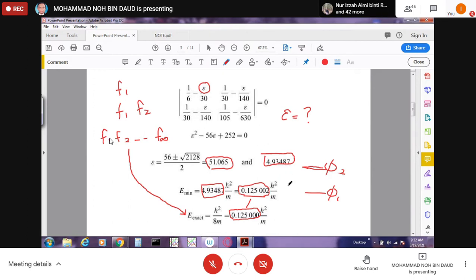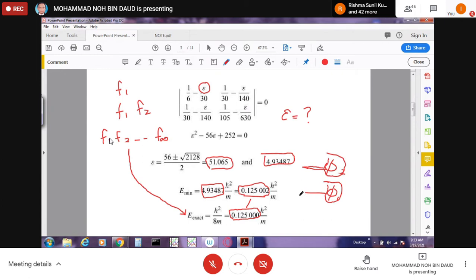Beside the energy, we can also determine other properties of this state through these wave functions. In these examples, the wave function here is our trial function.